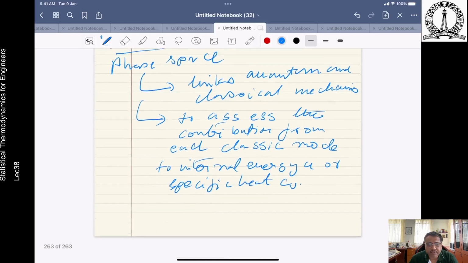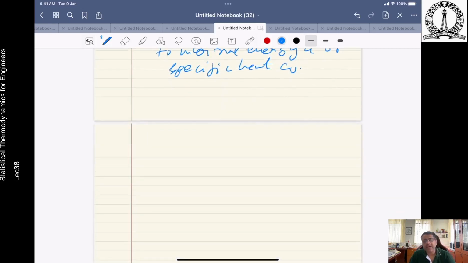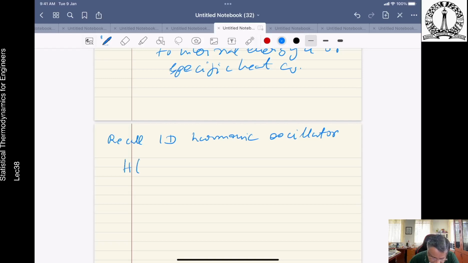Let us recall the one-dimensional harmonic oscillator. The Hamiltonian defines the total energy of a conservative system. If we write that, E equals p squared over 2 mu plus half A naught r squared.